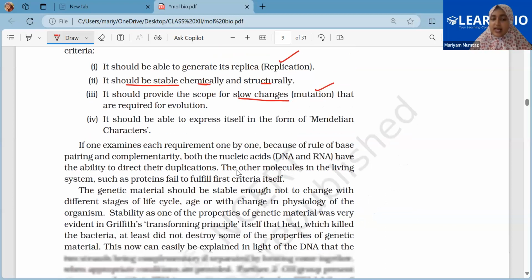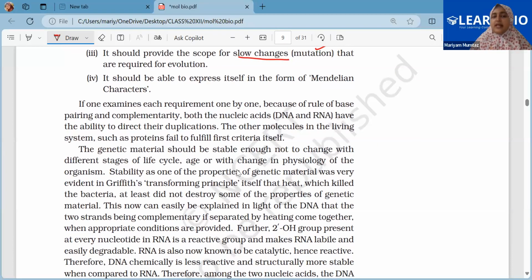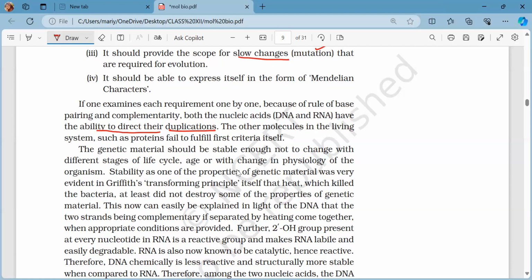Now, if one examines each requirement one by one, because of the rule of base pairing and complementarity, both the nucleic acids have the ability to direct their duplication, meaning they can replicate. The other molecules cannot, proteins cannot. The genetic material should be stable enough not to change with different stages of life cycle, age, or changes in the physiology of organisms.